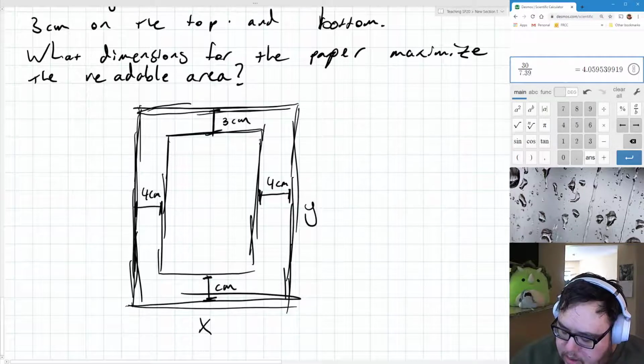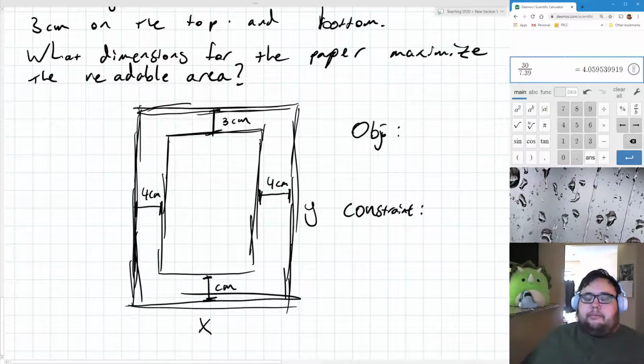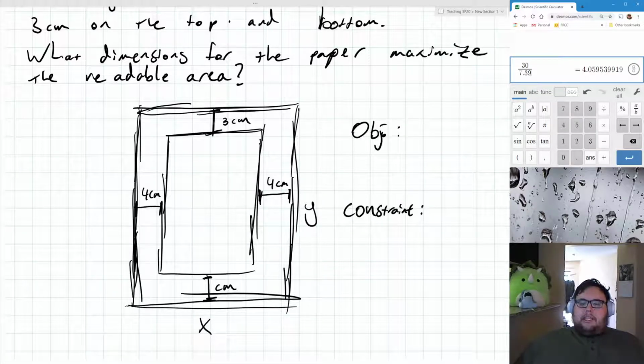What is the thing we're trying to maximize here? What's our objective? And what is a constraint that we have? Our objective is to maximize the readable area. And what is the readable area?